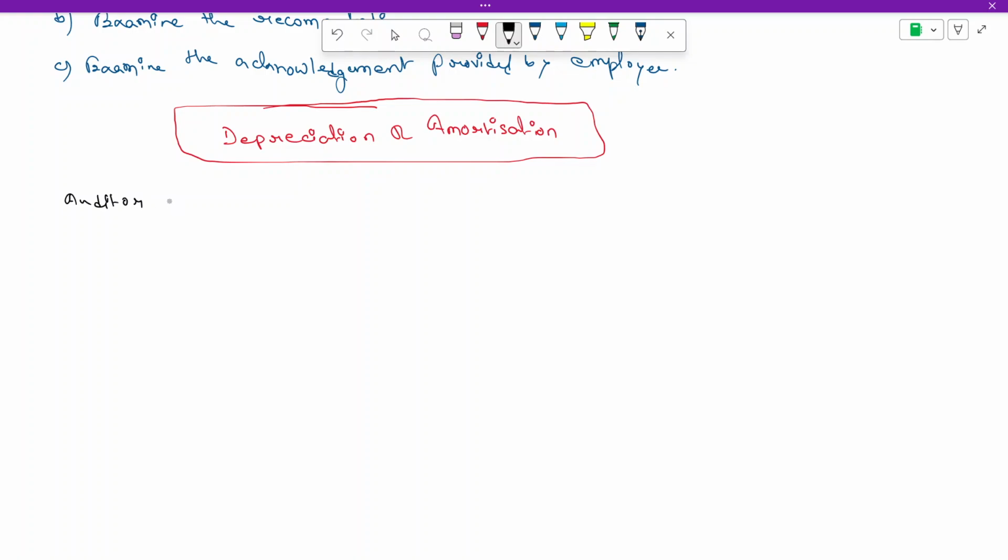Auditor shall follow the procedure stated.